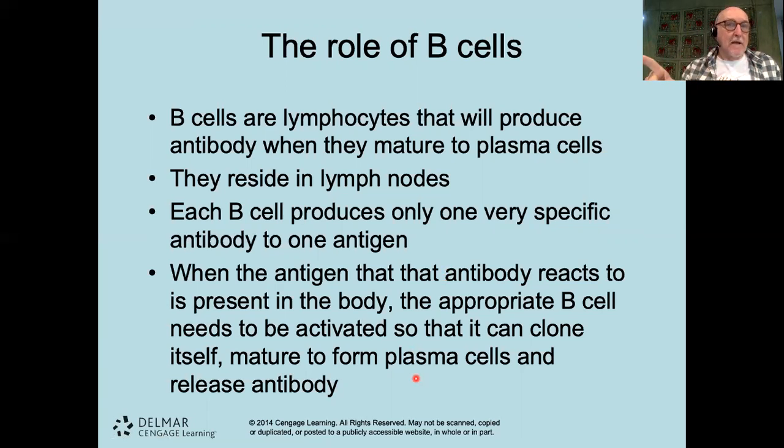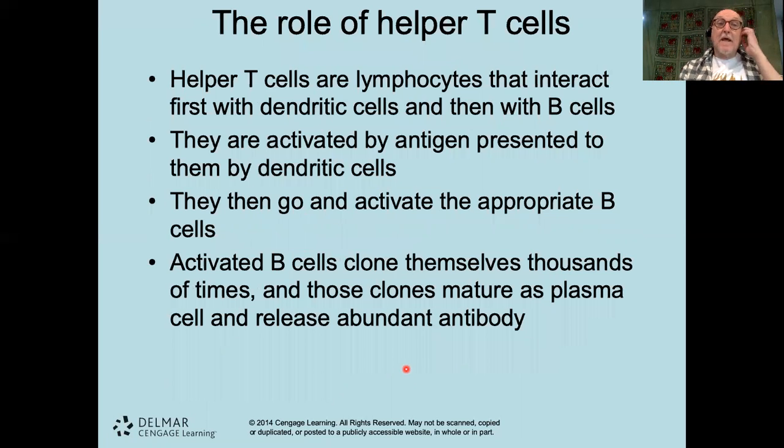So here is the link. Here is the link to the rest of the body. And it is this. T cells, the first group we're going to talk about are the helper T cells. These are lymphocytes. They first of all interact with the dendritic cell. When the dendritic cell arrives in the lymph node, it interacts with helper T cells and it activates them.